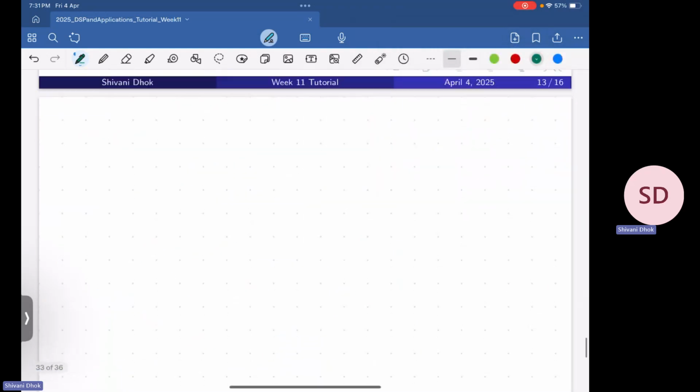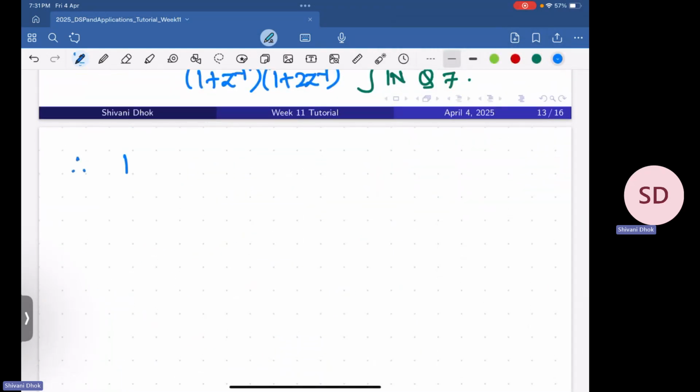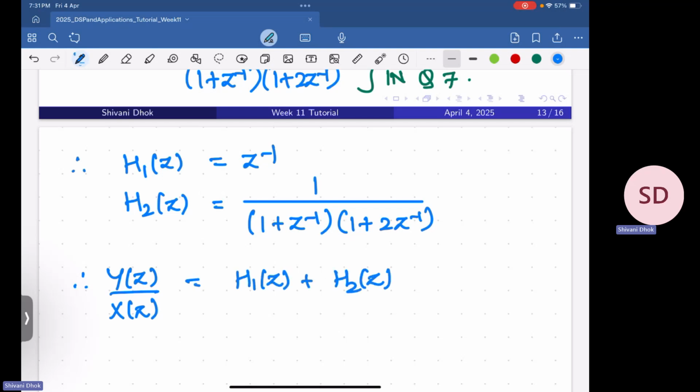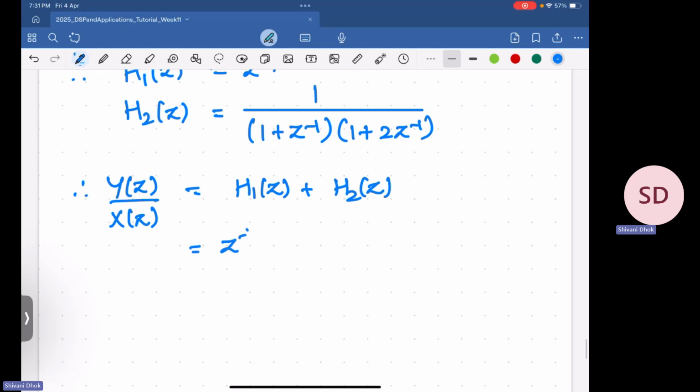So we have h1 of z as z inverse and h2 of z as 1 over 1 plus z inverse into 1 plus 2z inverse. Therefore y of z upon x of z, which is h1 of z plus h2 of z, comes out to be z inverse plus 1 over 1 plus z inverse into 1 plus 2z inverse.